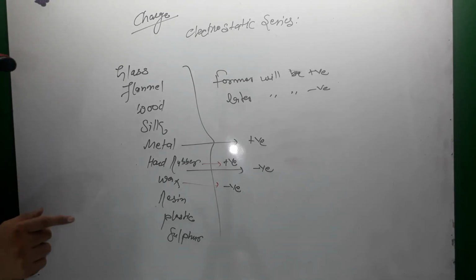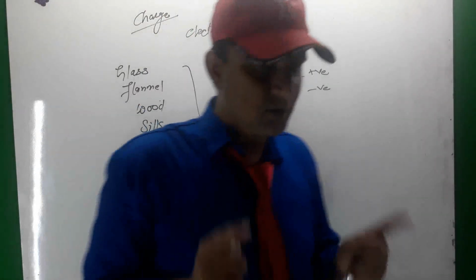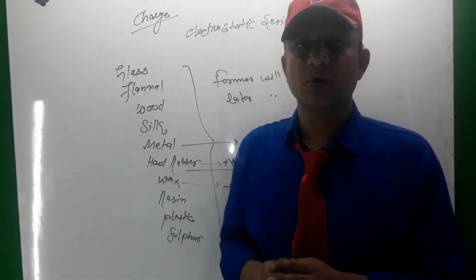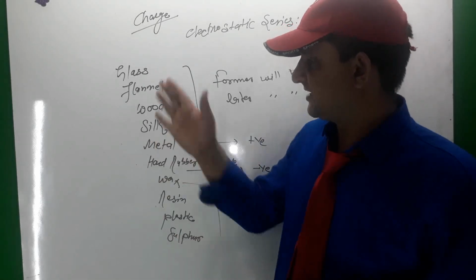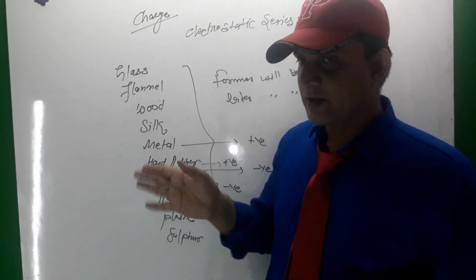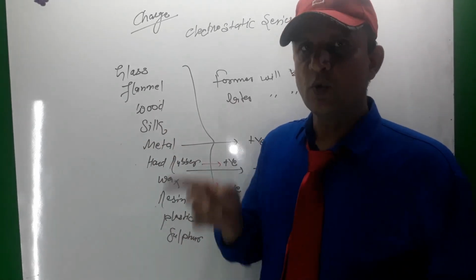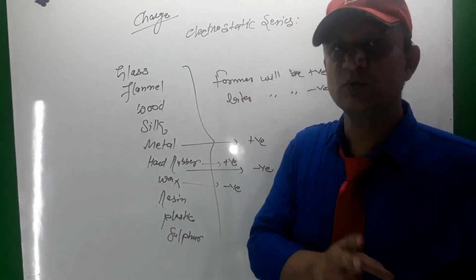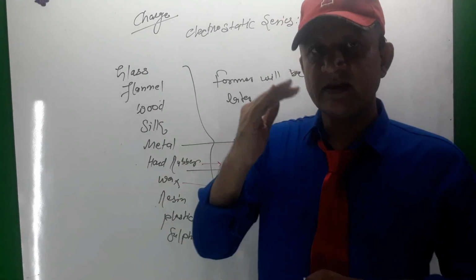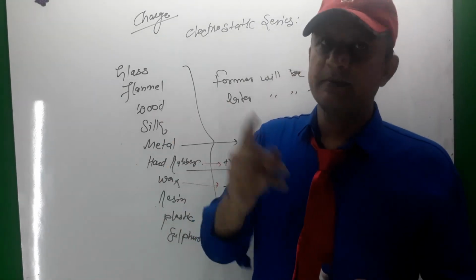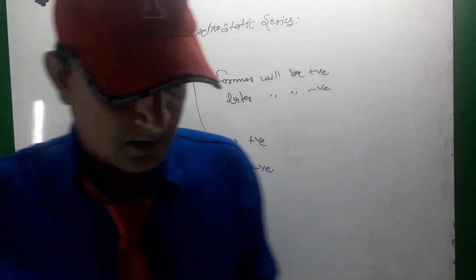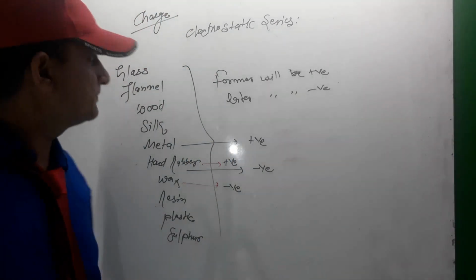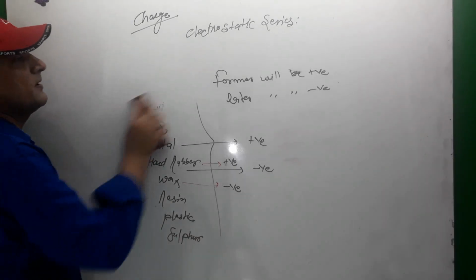What did you understand? If you rub two such things, then according to the electrostatic series, the one that comes first in comparison to the other will be positive, and the later one will be negative. So I think you would have known. Let's proceed further.